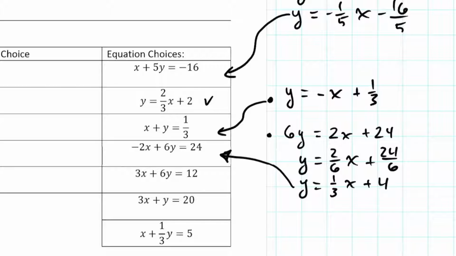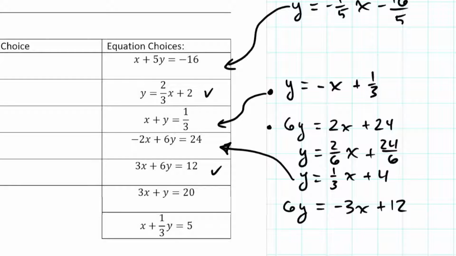The next one on the list is this one. So I guess I'll take away 3x from both sides first. So if I take away 3x, I'm going to get 6 times y is equal to negative 3x plus 12. And if I divide everything by 6, what I'm left with is 6y divided by 6 is y.